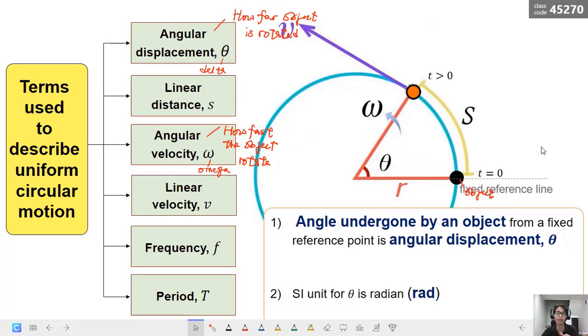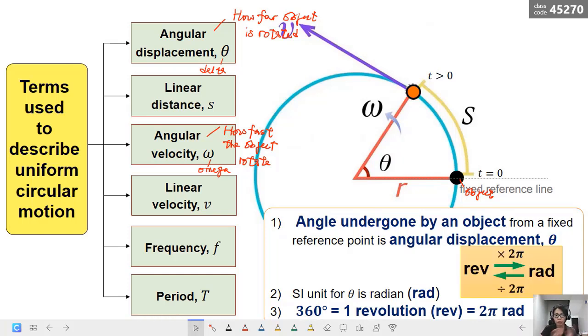The SI unit for theta is radian. So in physics, the unit that we use for angle is radian. We might change the angle in radian to degree and also revolutions, whereby one revolution, satu pusingan lengkap, is equivalent to 360 degree or 2 pi radian.